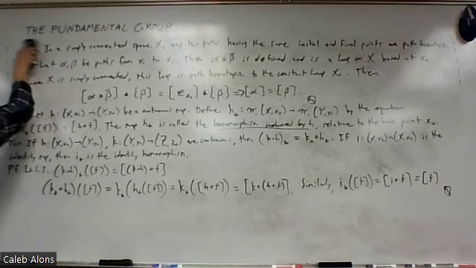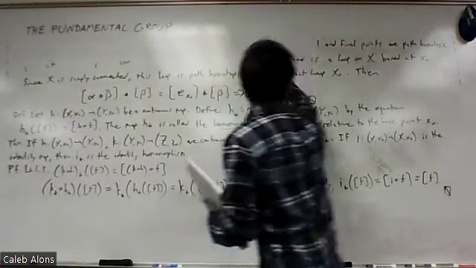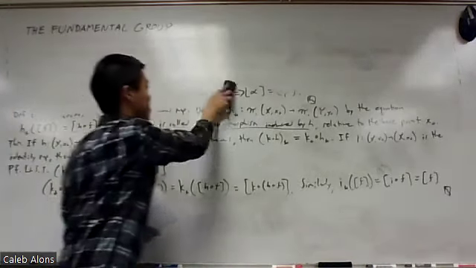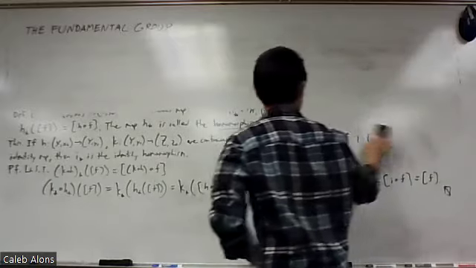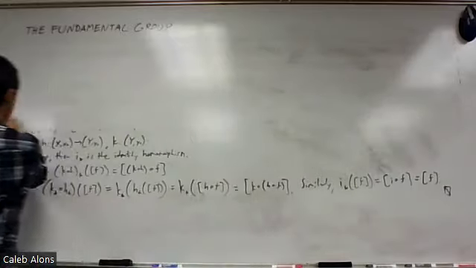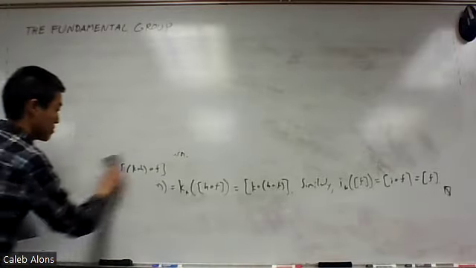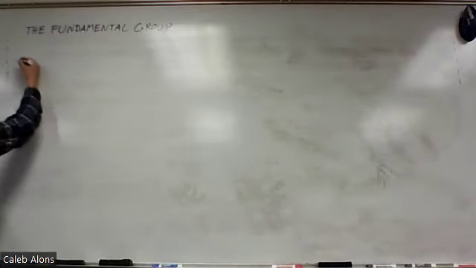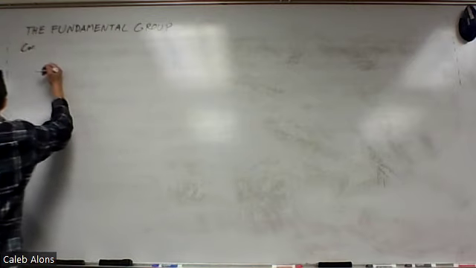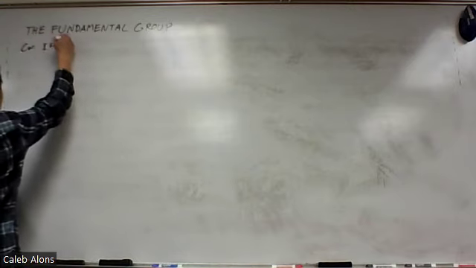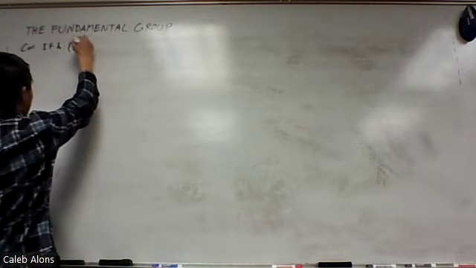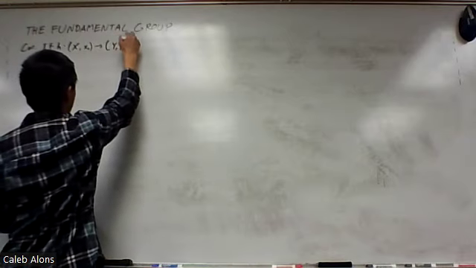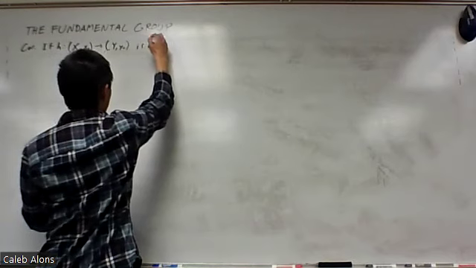And then we'll do one more. If h is taking a point x naught in X to a point y naught in Y, and this is a homeomorphism.